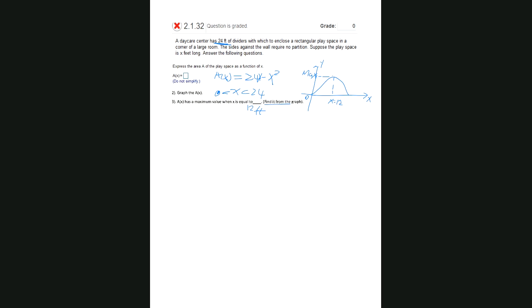Okay, John was asking where the test links are located and when the due dates are. John, the test is on MyLab Plus, so it's inside of MyLab Plus.